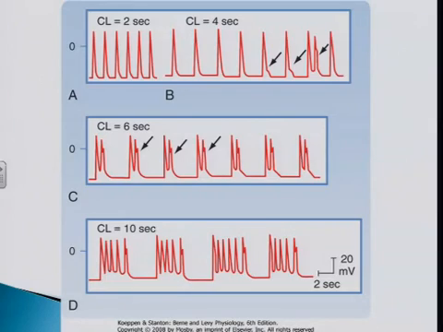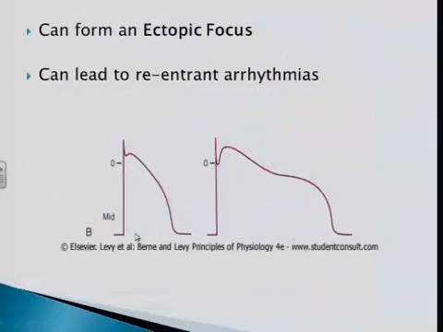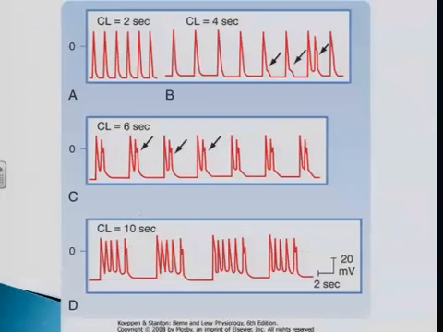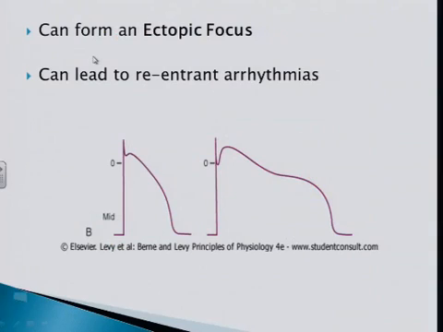They can be caused by block of potassium currents, enhancement of calcium currents, and various genetic defects. And then you see bradycardia, that is the slow heart rate, will tend to promote these types of behavior. Whereas with a fast heart rate, you build up enough additional K current to help prevent these types of arrhythmias.